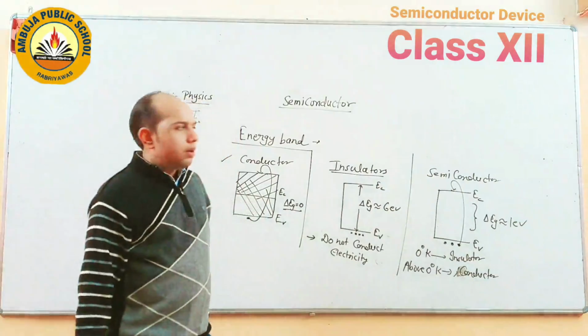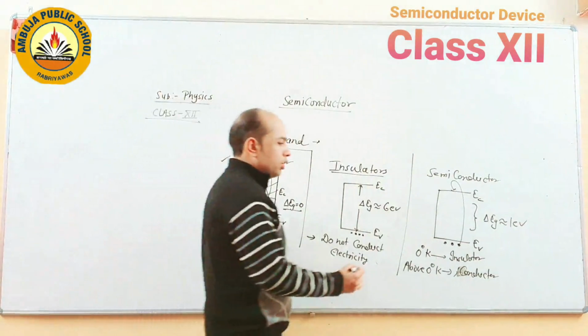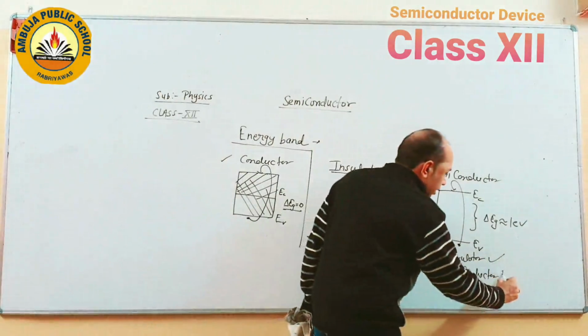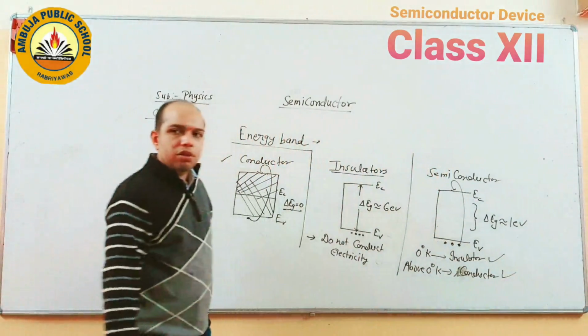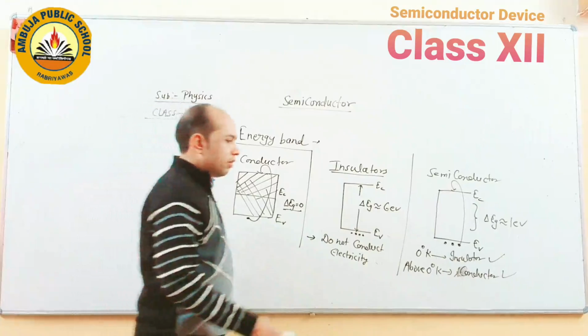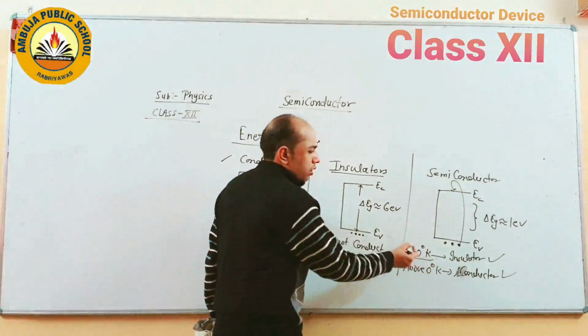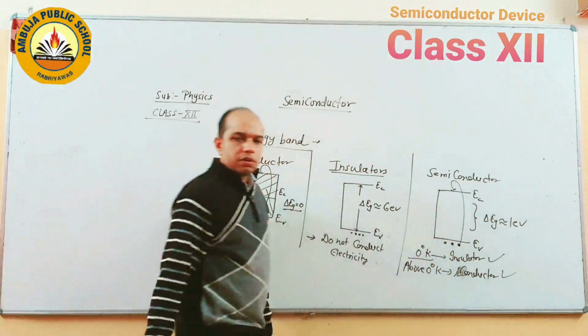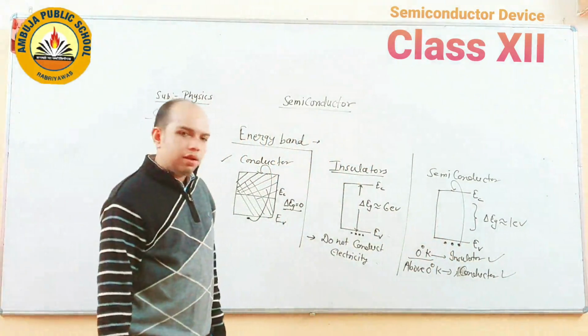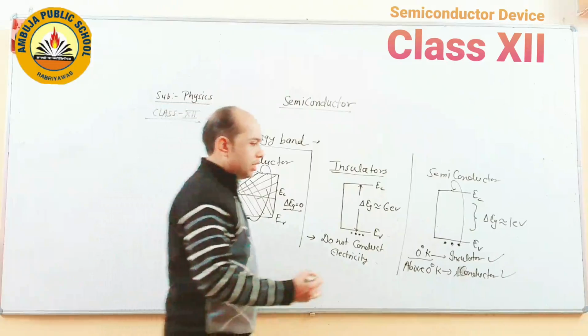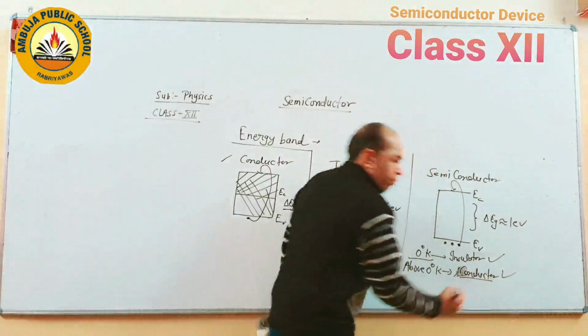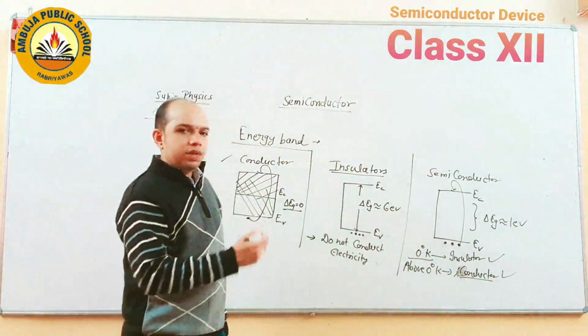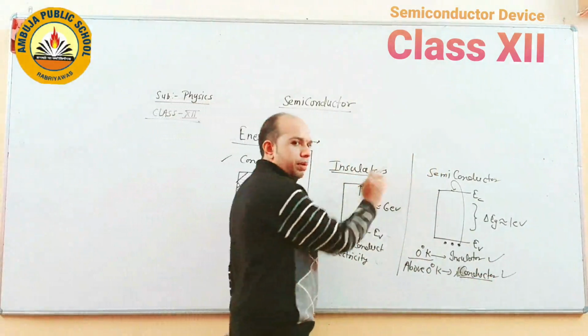So a semiconductor has both properties, insulator as well as conductor, depending on the temperature. If the temperature is 0, that means all the electrons are present in the valence band, so it is treated like an insulator, and above 0 Kelvin it is treated like a conductor. So students, in this chapter we mainly focus on semiconductors.